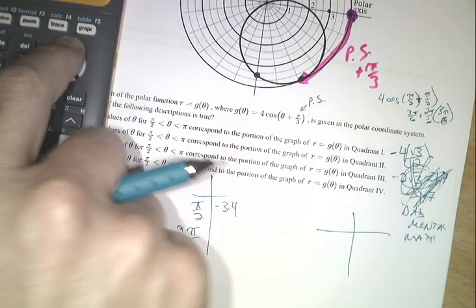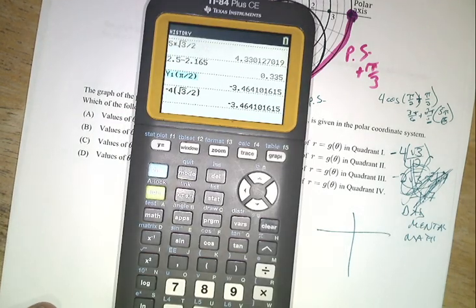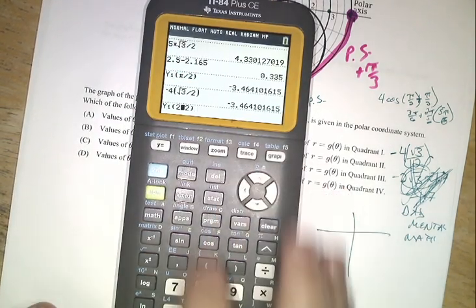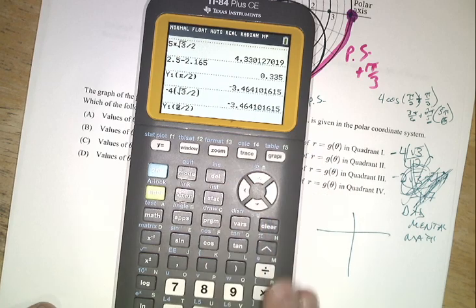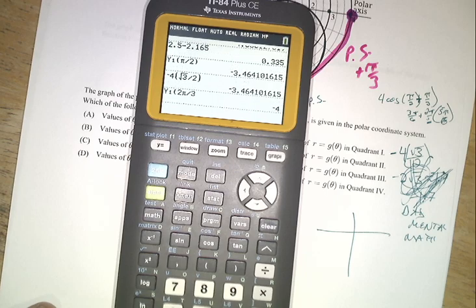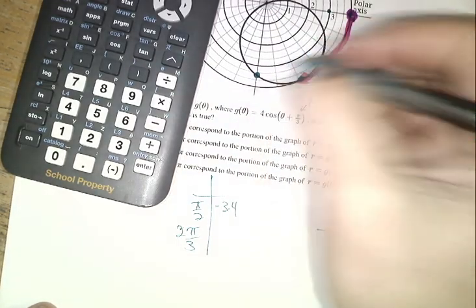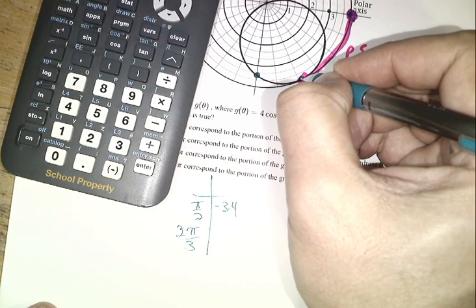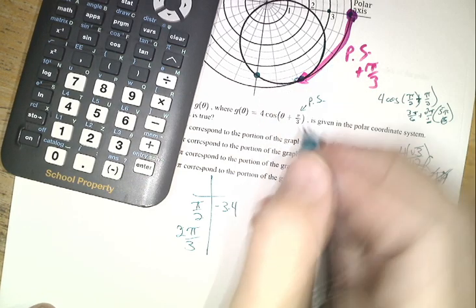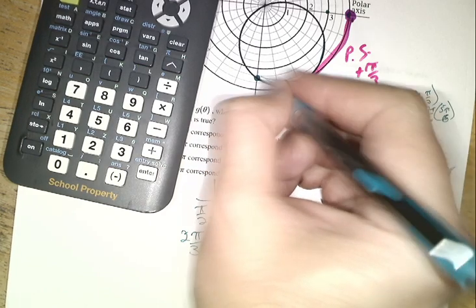So if I plugged in 2 pi divided by 3, I get a negative 4 exactly. So that would put me right here. So it should be this spot right here.